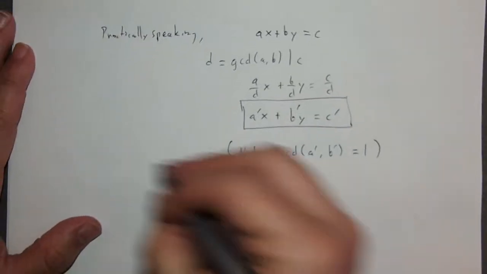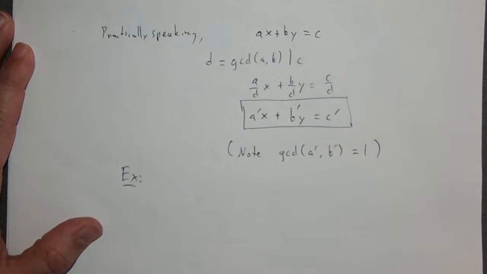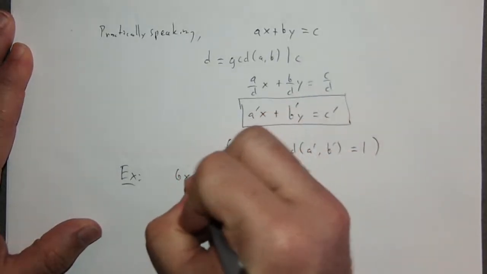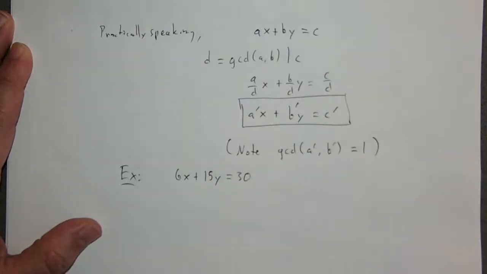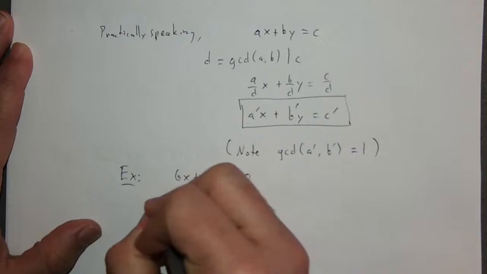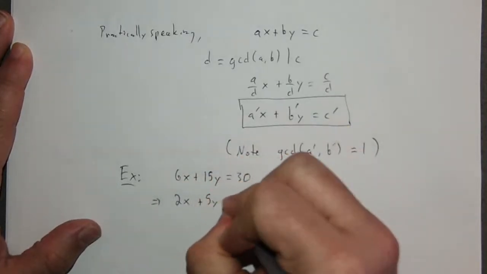A quick example of this happening is 6x plus 15y is 30. Then their GCD is 3. So we divide by 3, and what we end up getting is 2x plus 5y is equal to 10.